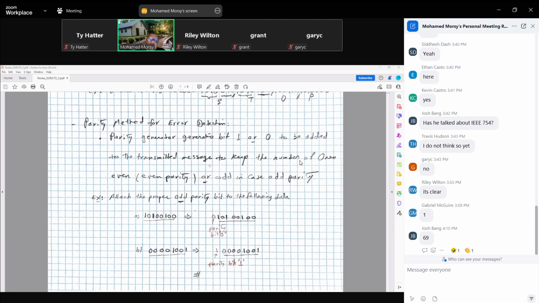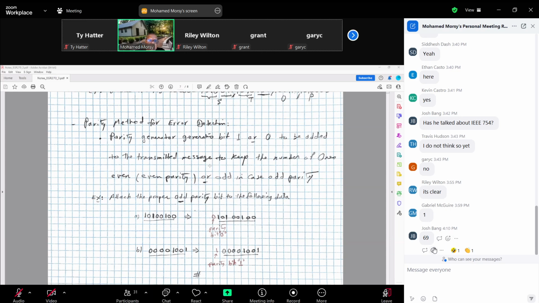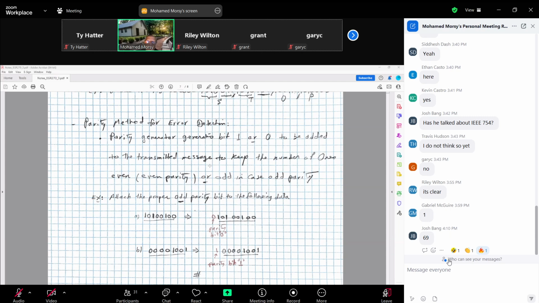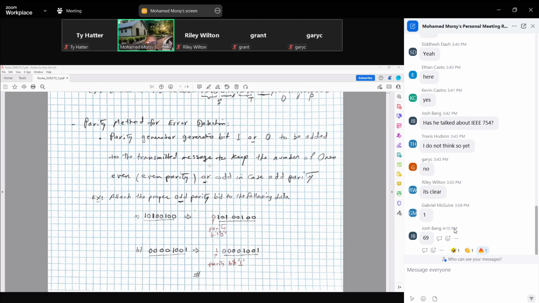So say the number of ones is even, like 12. But the protocol is odd. So in this case, there is an order that goes to the parity generator, which generates a parity bit, 1 or 0.